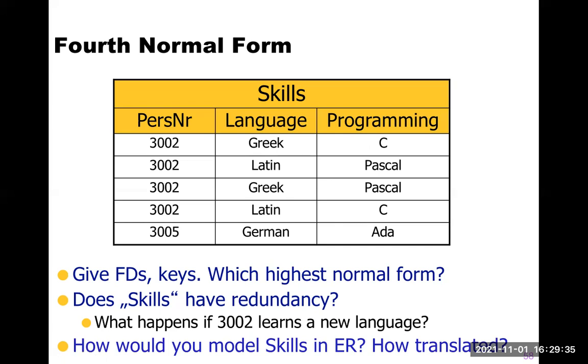Second normal form speaks about non-key attributes that don't belong to any key, and we have no such attributes. So this table conforms to second normal form too. Third normal form is about transitive dependencies between non-key attributes. We have no non-key attributes, so automatically third normal form.